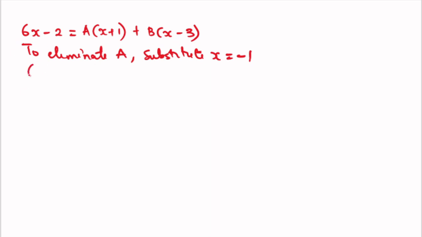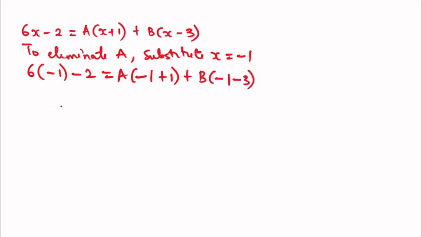So this becomes 6 into bracket minus 1 minus 2 equal to a into bracket minus 1 plus 1, plus b into bracket minus 1 minus 3. We'll close the bracket. 6 times minus 1 gives us minus 6 minus 2 equal to a into bracket minus 1 plus 1, 0, plus b into bracket minus 1 minus 3 gives us minus 4.